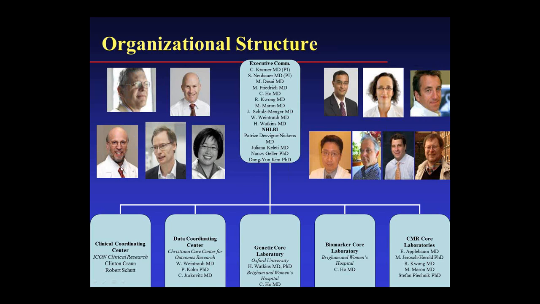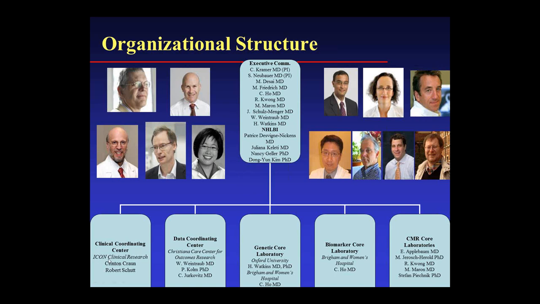Dr. William Weintraub at Christiana Care Center for Outcomes Research in Wilmington and Newark, Delaware, is head of the Data Coordinating Center. Dr. Hugh Watkins at Oxford University is in charge of the Genetic Core Lab. Dr. Carolyn Ho at the Brigham and Women's Hospital in Boston is in charge of the Biomarker Core Laboratory.